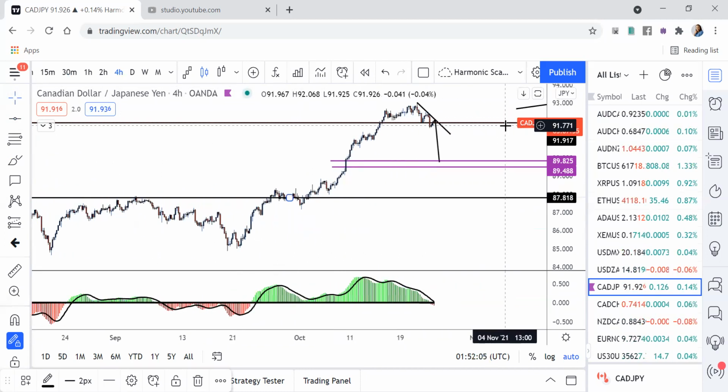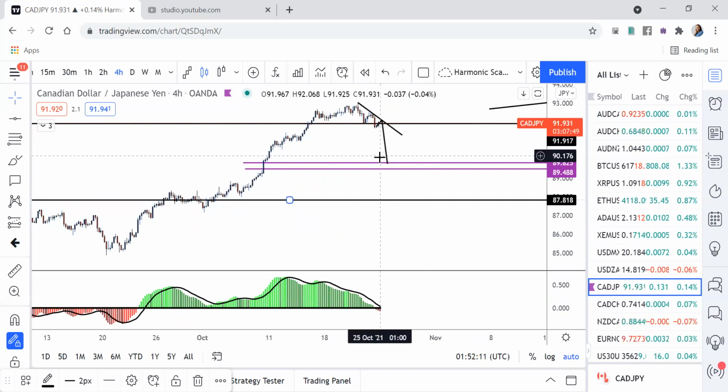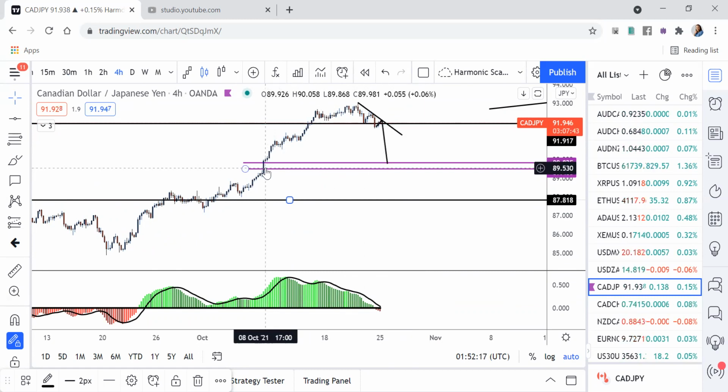So I'm looking for CAD JPY to drop and at least come here as a start, because this is a nice 4 hour imbalance candle here, guys.